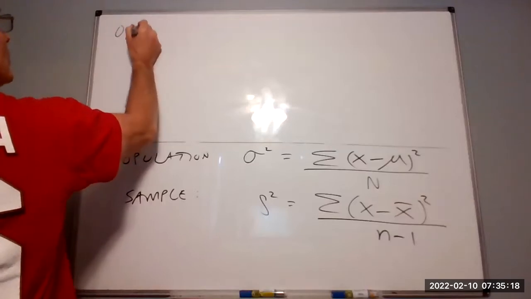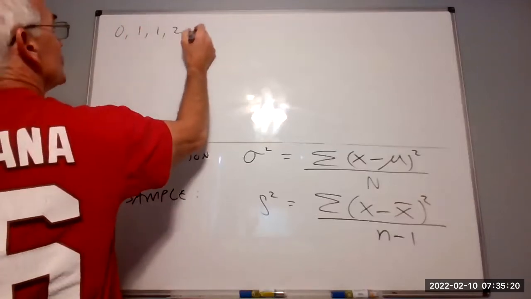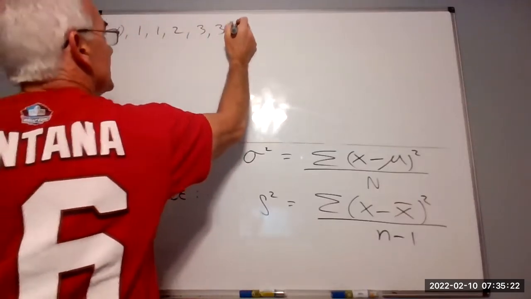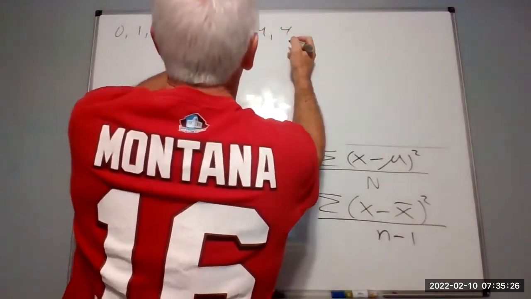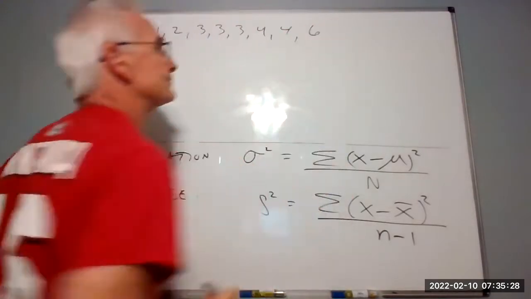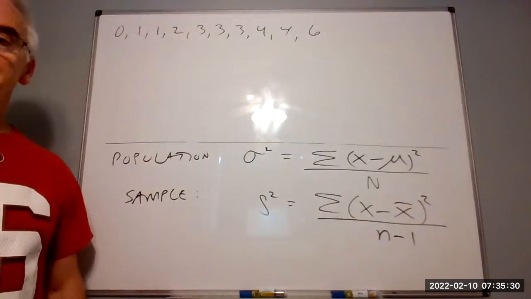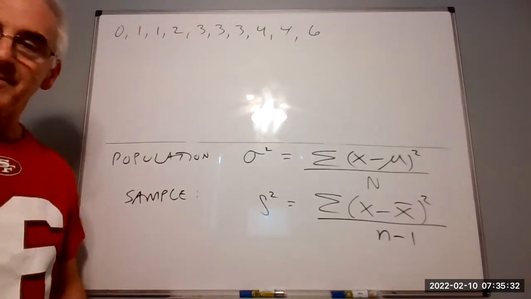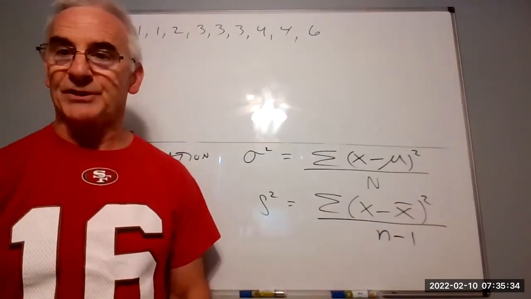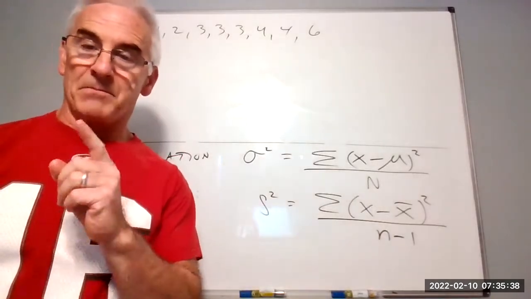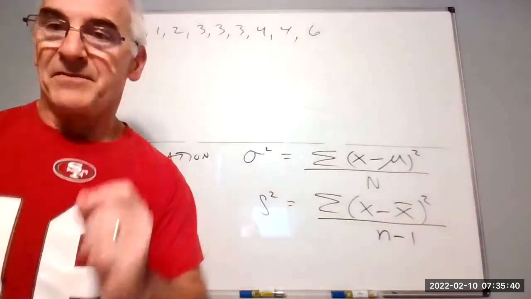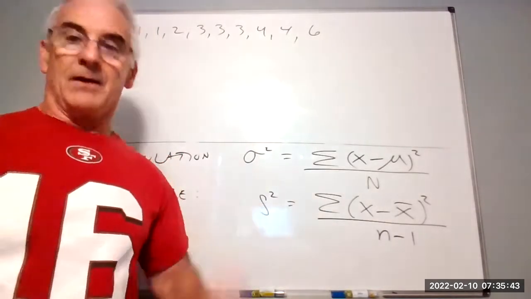I got 0, 1, 1, 2, 3, 3, 3, 4, 4, and 6. Okay. I sampled 10 Mesa College students at random, and I found out this is how many children each of them have.